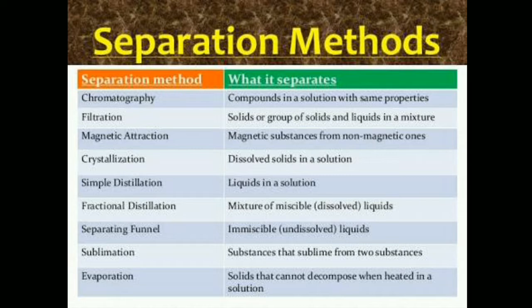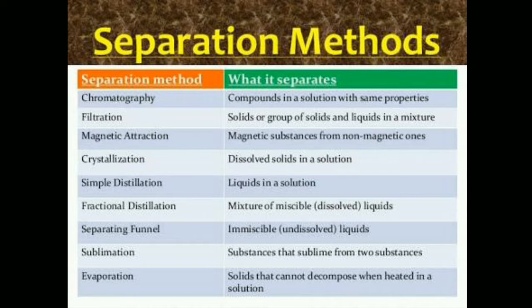If solids or a group of solids and liquids are in a mixture, then we will use filtration. If a magnetic substance is mixed with a non-magnetic substance, at that time we will use the magnetic attraction method, magnetic separation. Crystallization: dissolved solid in a solution, we can use it for purification also. Liquids in a solution, simple distillation, by simple distillation we can separate the constituents of the mixture.